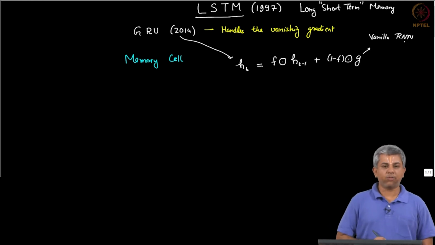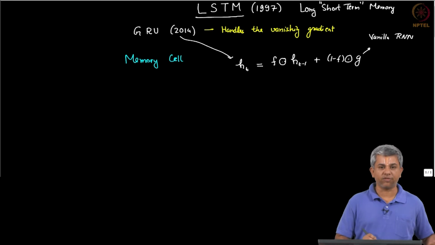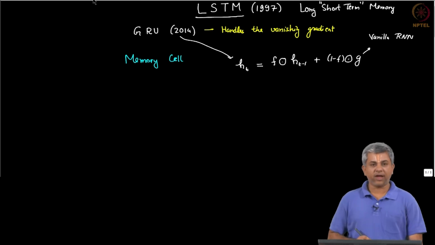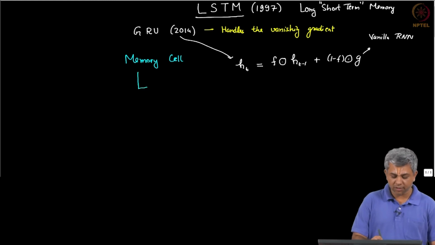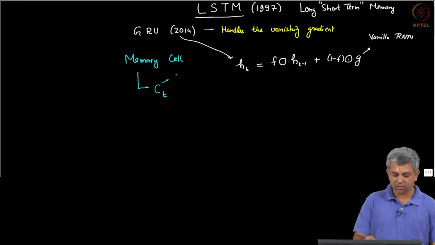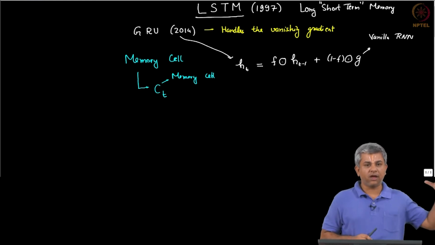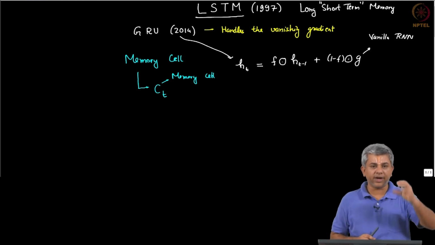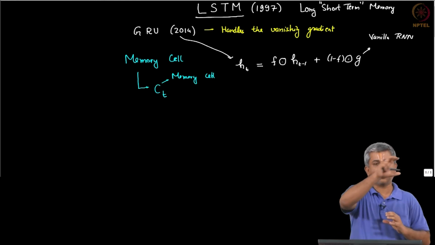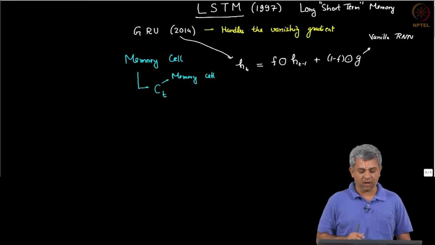And the idea there was to retain some portions of your old calculations into the new ones. In the case of LSTM, we will be actually using a separate cell altogether. This is a memory cell. So, heuristically this is sort of like having some numbers, you retain it in a separate memory bank and while you are calculating with some other numbers.